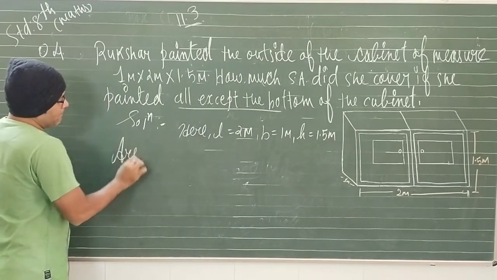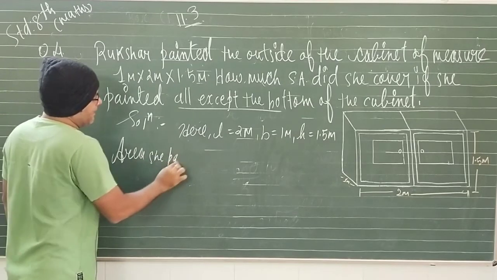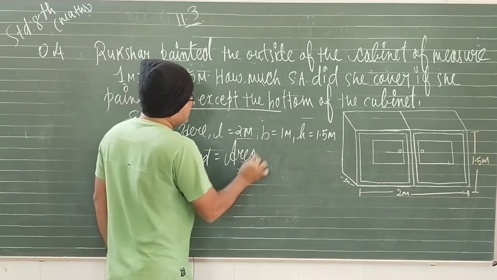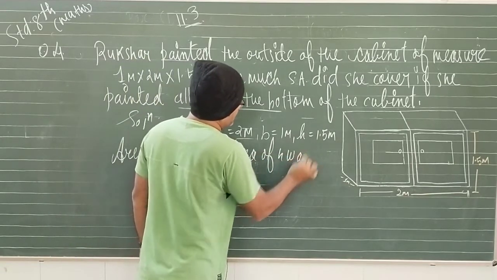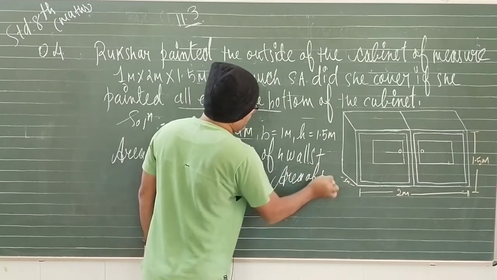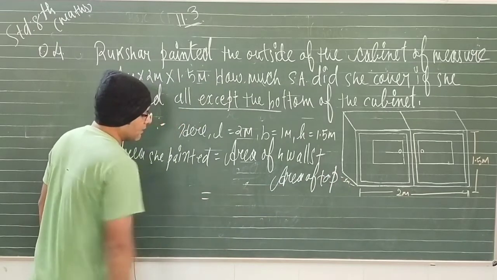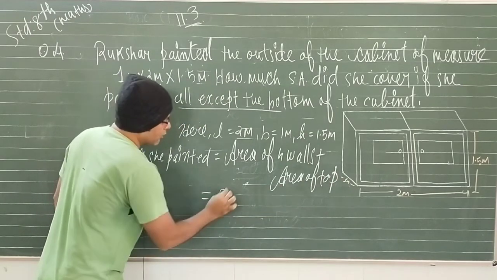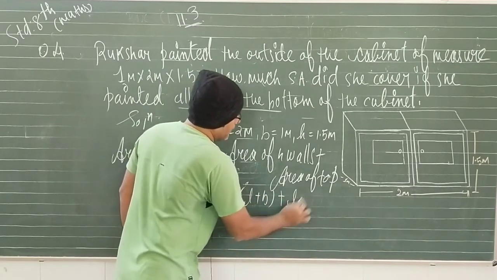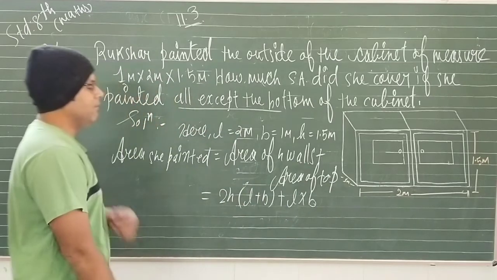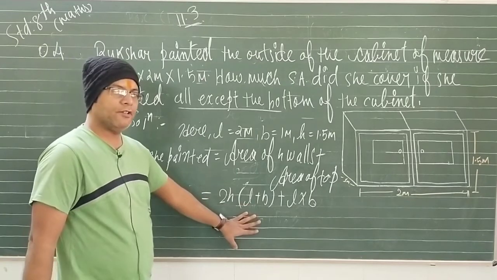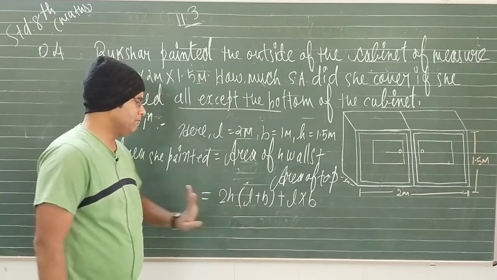Now area she painted is equal to area of 4 walls plus area of top is equal to area of 4 walls 2h into L plus B plus L into B, because area of top is length into breadth. Now you have to substitute the value.